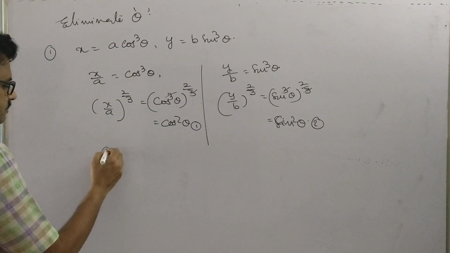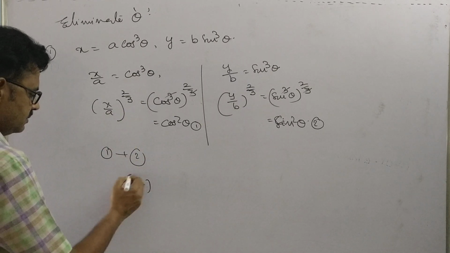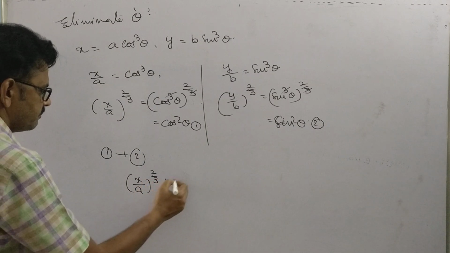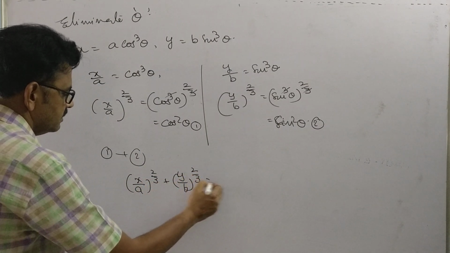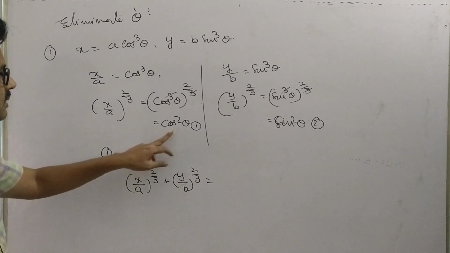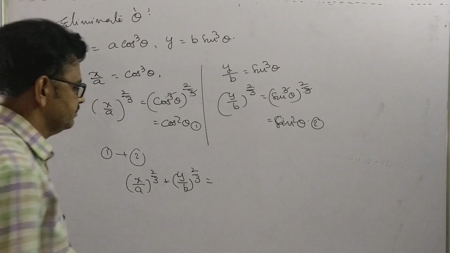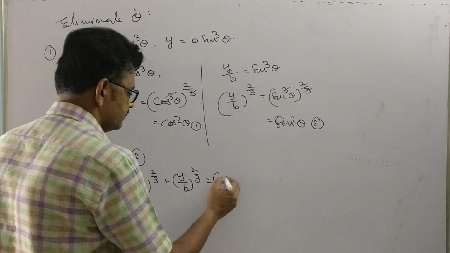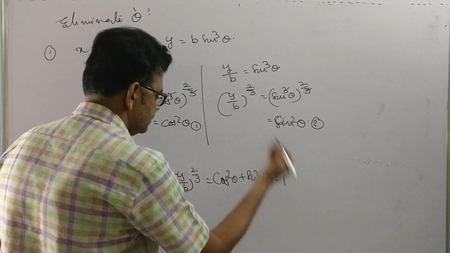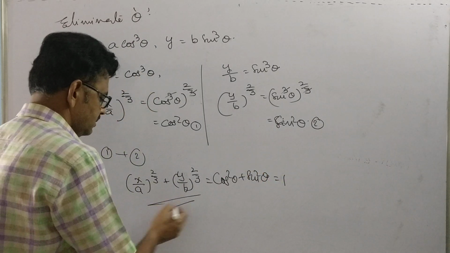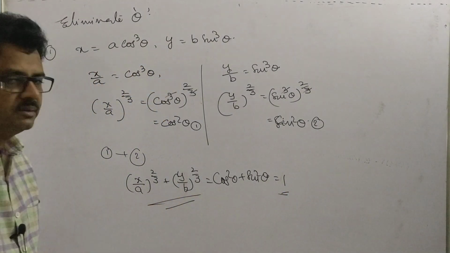Adding these two, x by a whole power 2 by 3 plus y by b whole power 2 by 3 is equal to cos square theta plus sin square theta, that is 1. So it is equal to 1. That is, there is no theta in this.